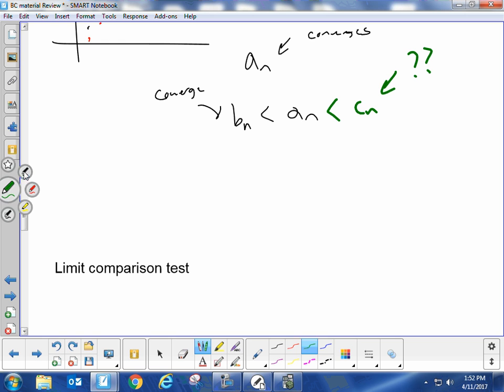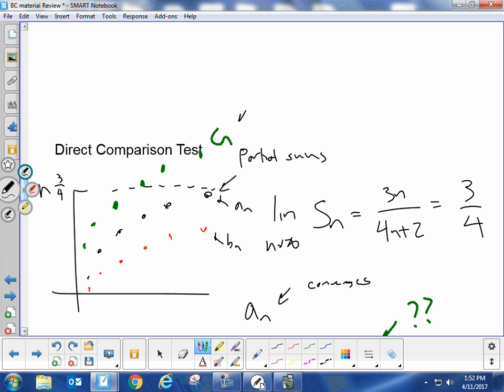Now, if, say, C sub n diverges, again, since C sub n diverges, if we are greater than C sub n with some other function, we know this is going to also diverge. Let's say C sub n diverges, and we know another one, D sub n, is greater all the way around.